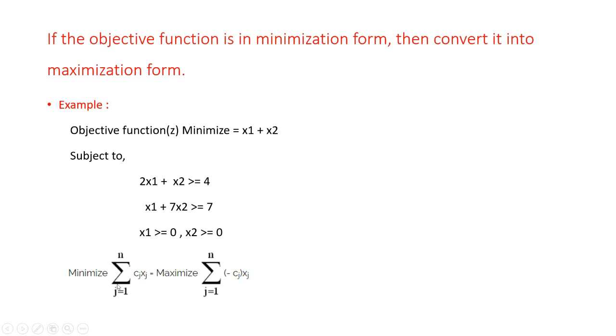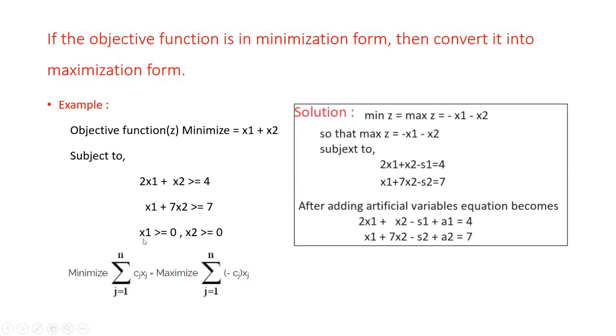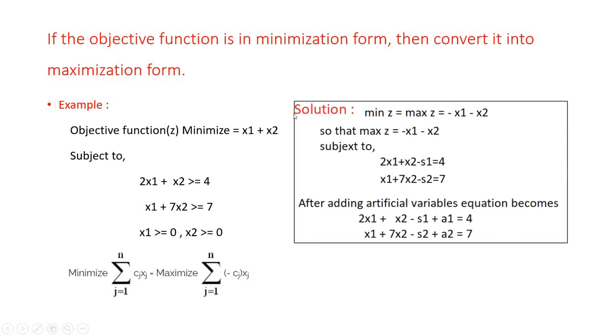We use the negative sign for this equation, so minimize is converted into maximize. Here min z becomes max z equal to minus x1 minus x2. Plus x1 becomes minus x1 and plus x2 becomes minus x2.